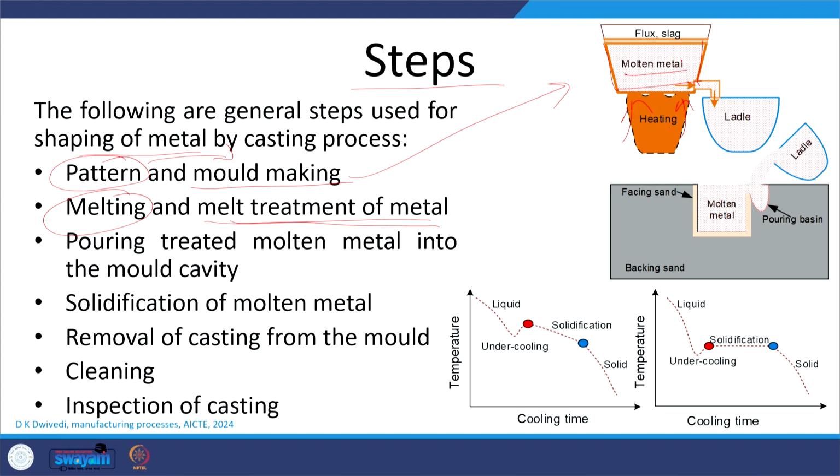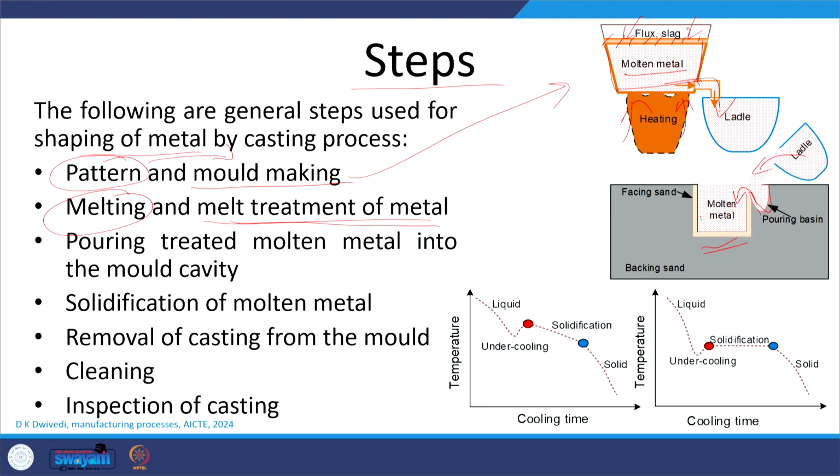So, molten metal is produced, and here we add the refiners and the flux, and the flux will react with the impurities to form slag, and then the tap is opened from the bottom to take out the molten metal using a suitable ladle, and then this ladle will be used to transport the molten metal to the mold. So, here by tilting the ladle, molten metal is poured into the pouring basin, and then from the pouring basin, it will be going into the mold. This is one of the simplest ways to express how things are done.